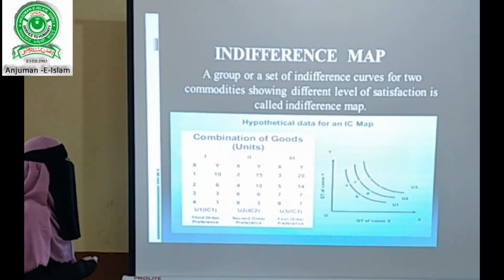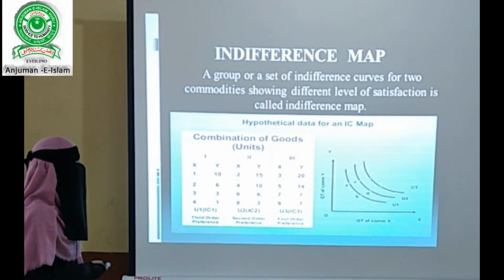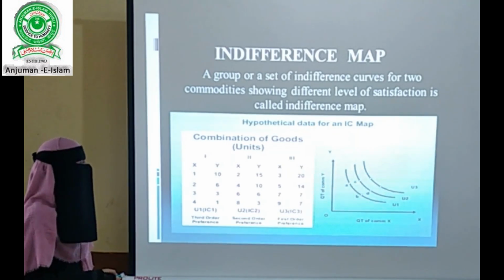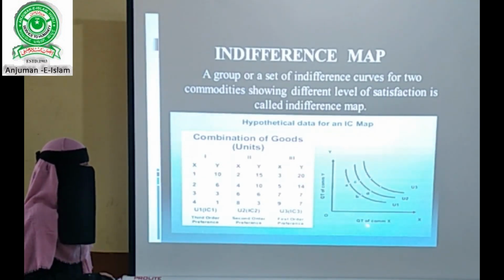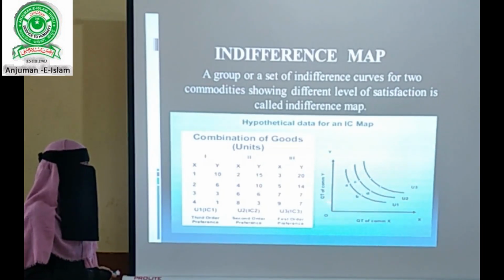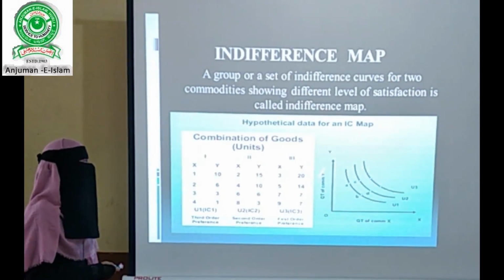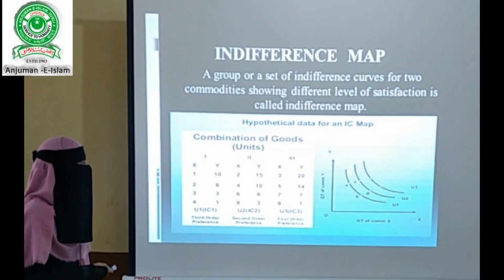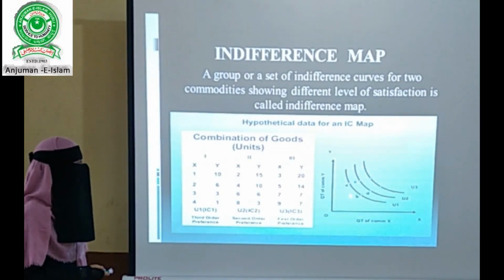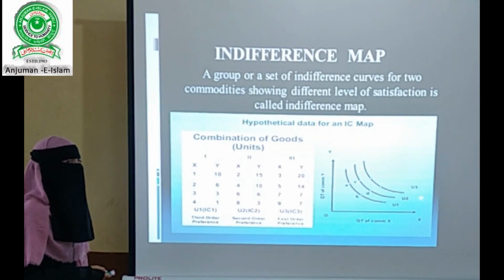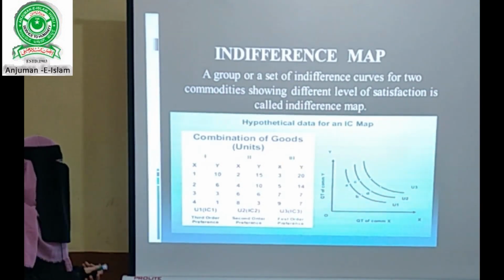Now we can see that the same thing has been represented on the diagram also. We are measuring X commodities on the OX axis and Y commodities on the OY axis, and 3 indifference schedules are represented here. The same 3 indifference curves are also represented in the same diagram.